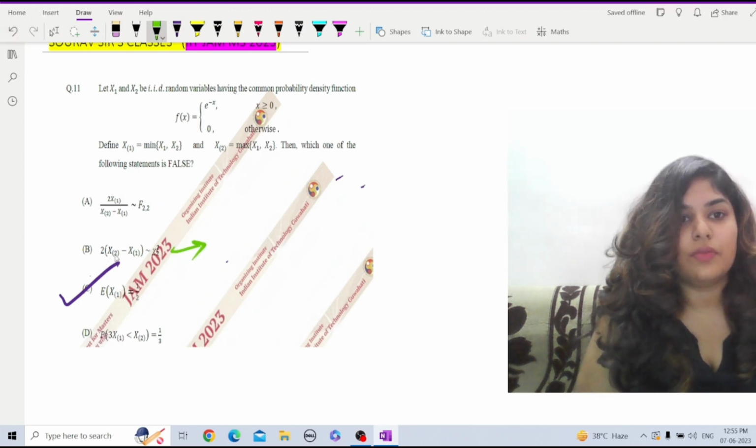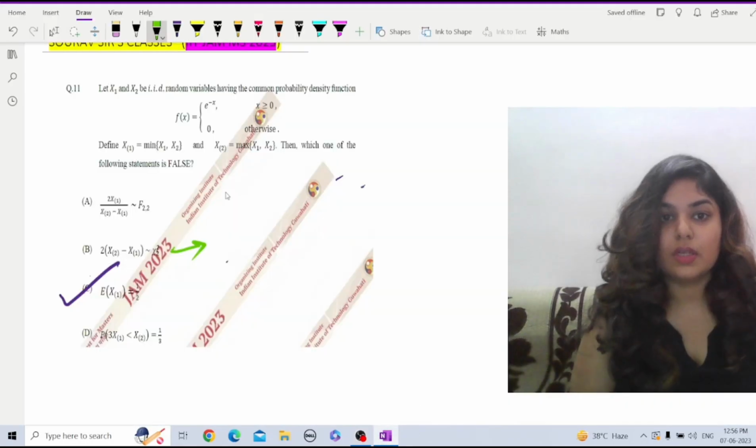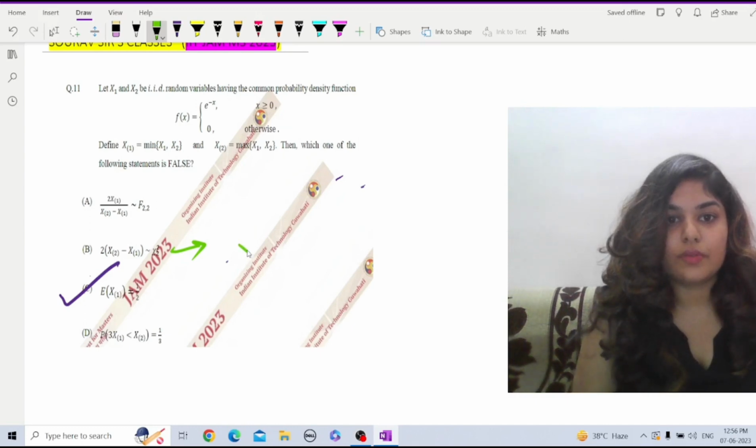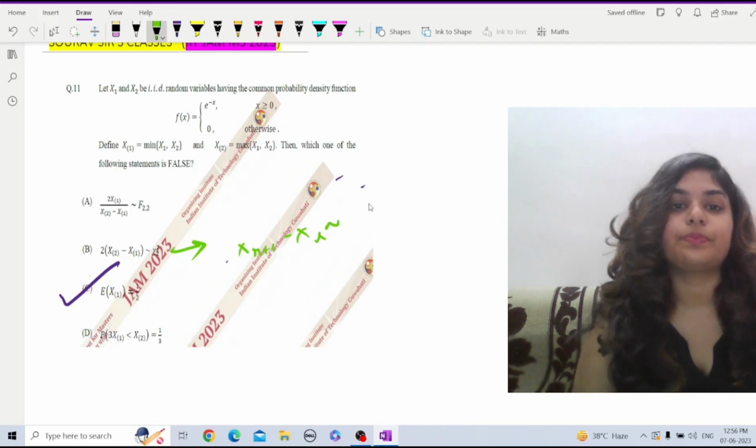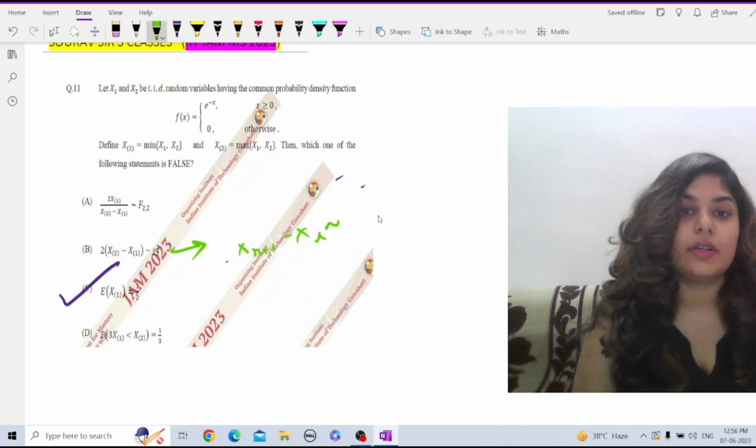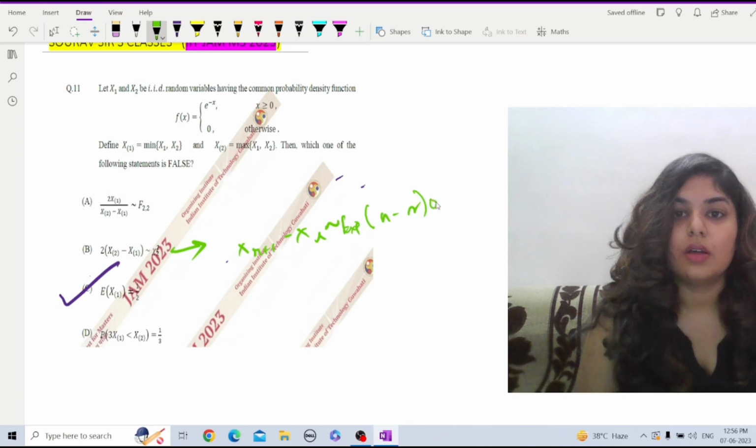Okay, that is 2 of x2 minus x1 follows chi square, right? Here we are going to use the formula: x(r plus 1) minus x(r) follows the exponential of n minus r of theta.